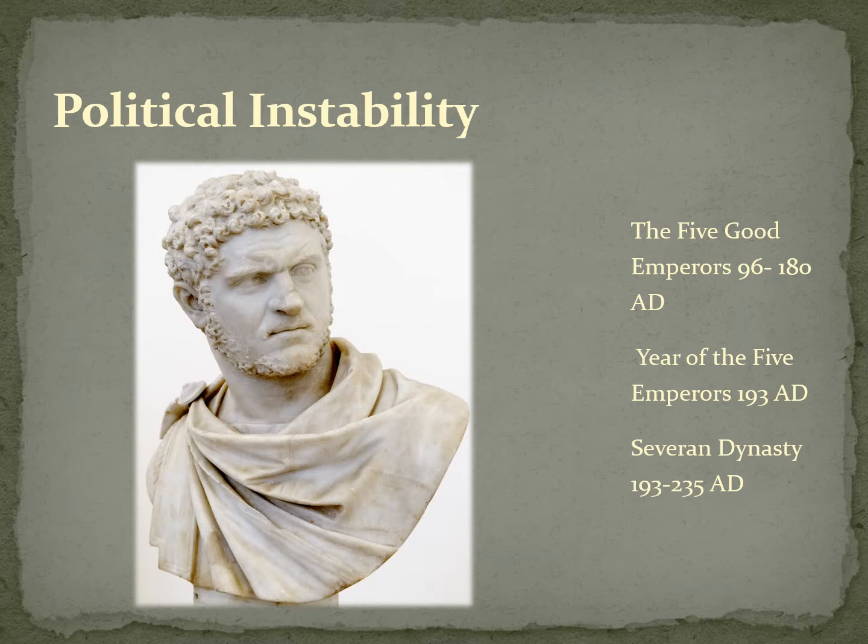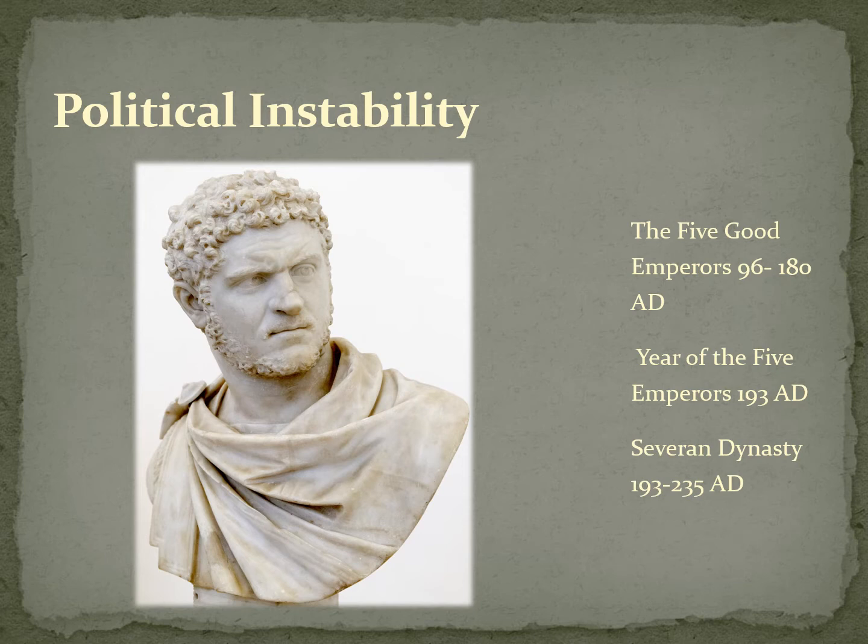Well, why did I go through all that trouble of talking about this incident with the 5 emperors? Well, the reason is, and I want you to understand this, that in many ways, the incidents in the year 193 were unusual, but they were a precursor of what was to happen.